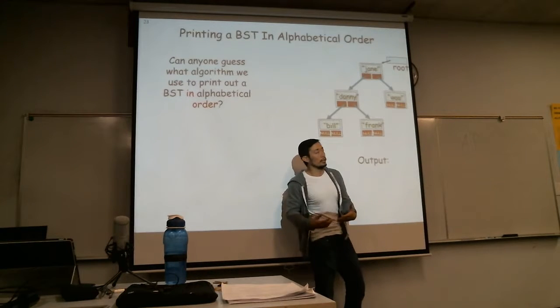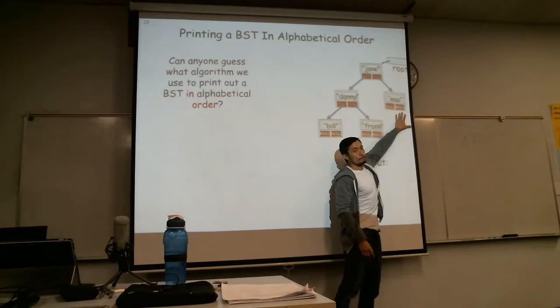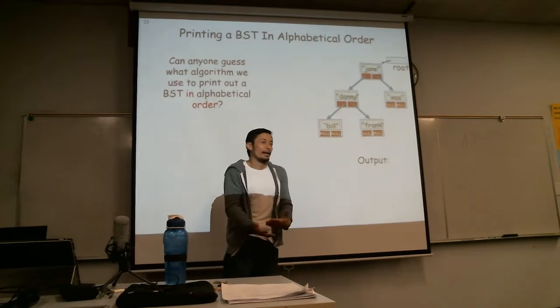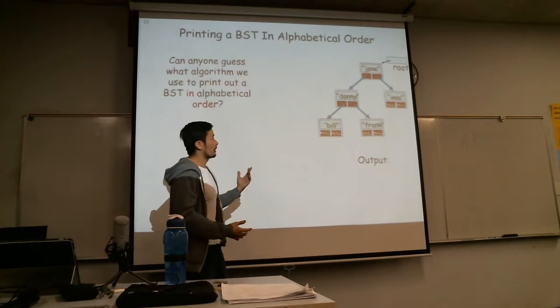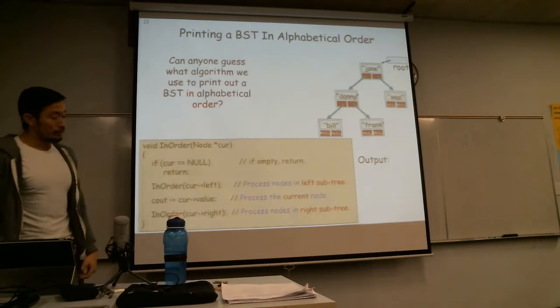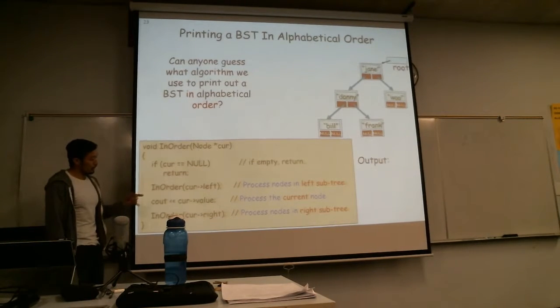In terms of the way we solve it, we go left, process, go right. So it ends up being in order, but the name kind of gives it away anyways, other than telling you when you process. So I go left first, print myself, and go right.